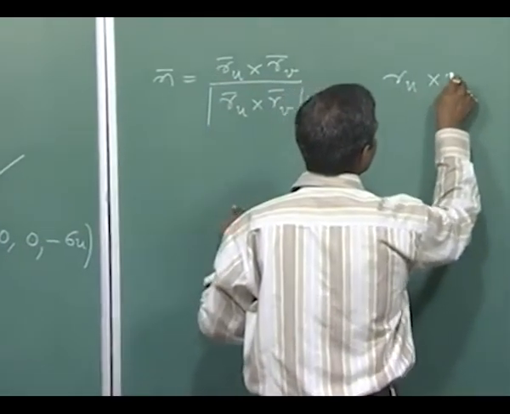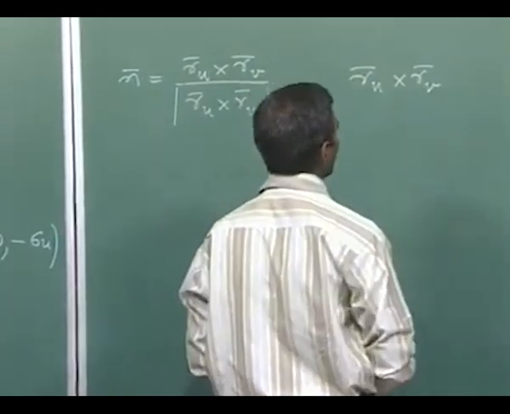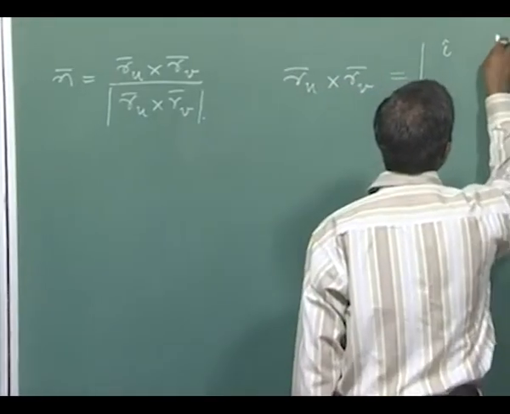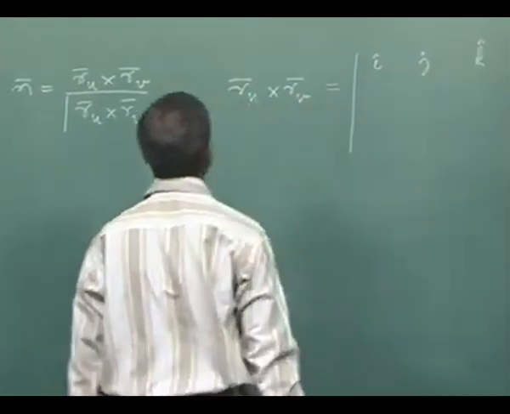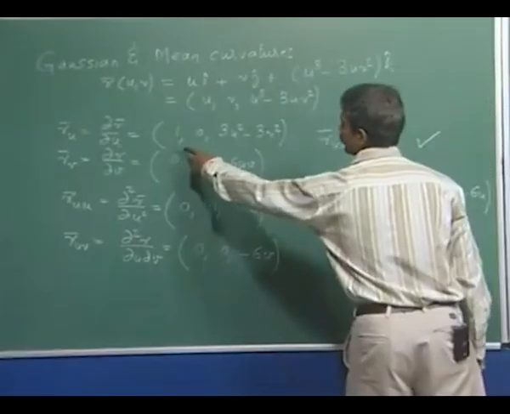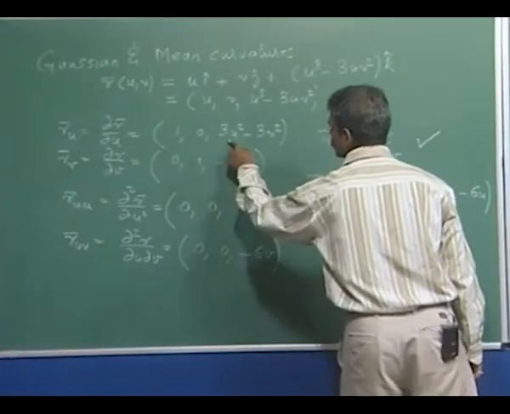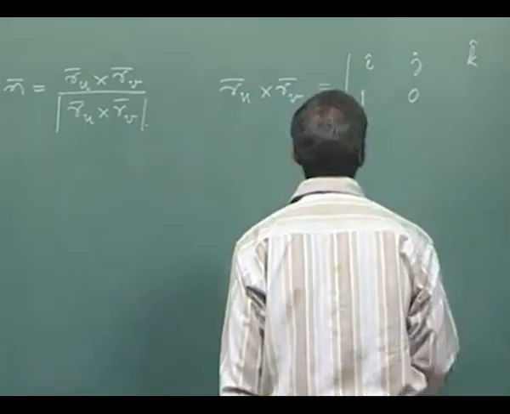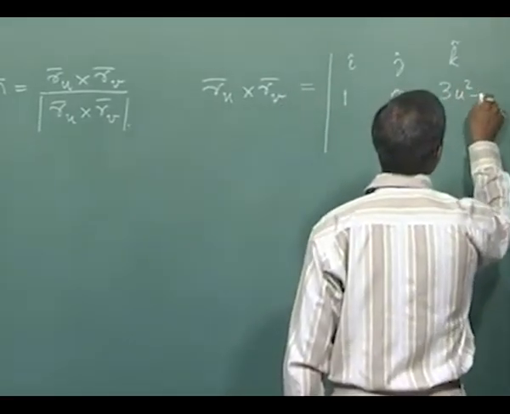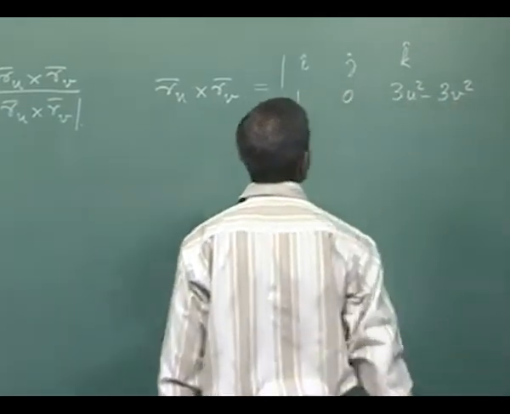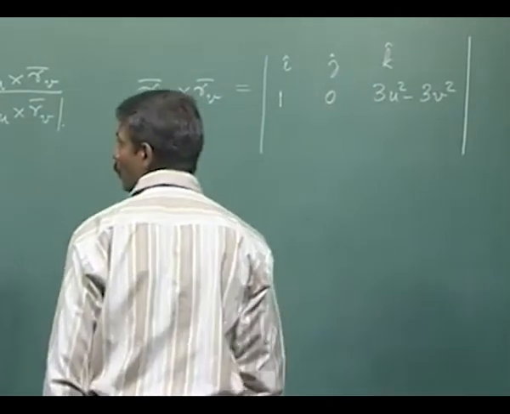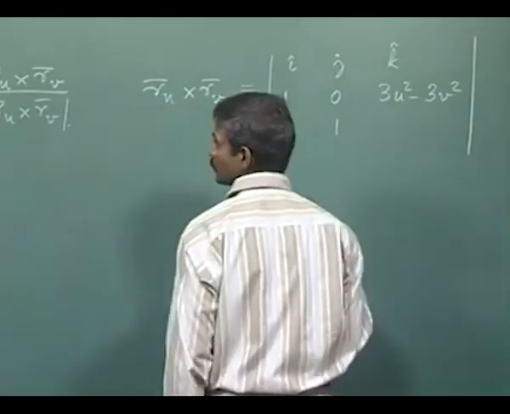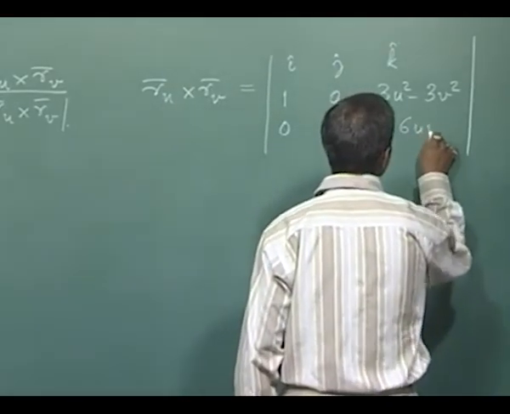R u crossed with r v is equal to the determinant of i, j, k; r u is this expression here, 1, 0, 3 u squared minus 3 v squared; r v is this expression here, 0, 1, minus 6 u v.